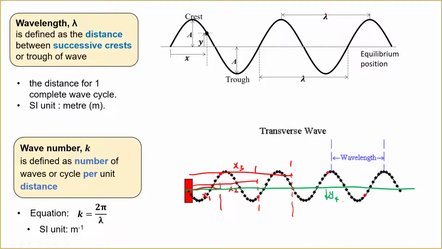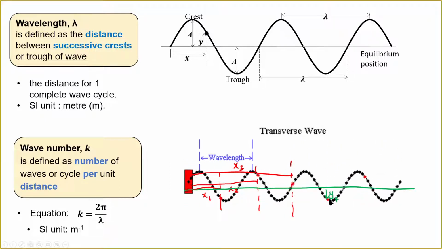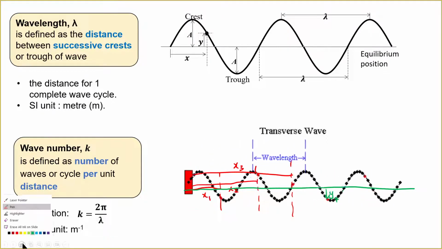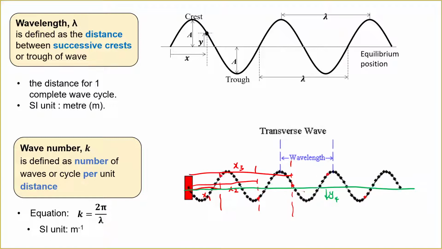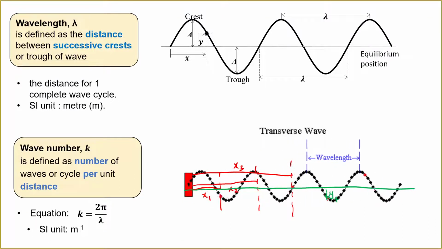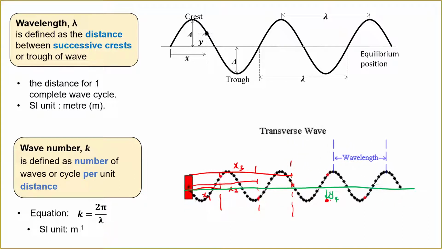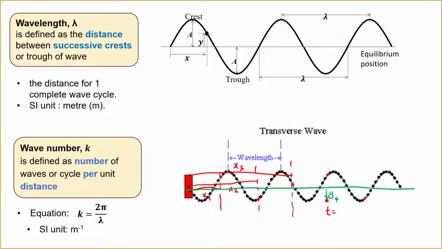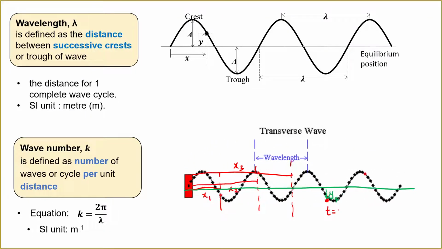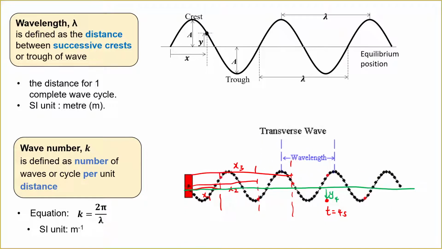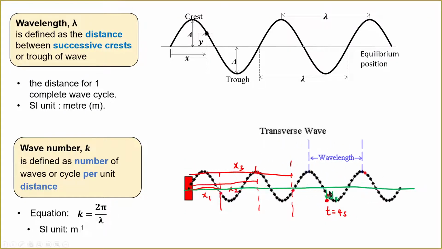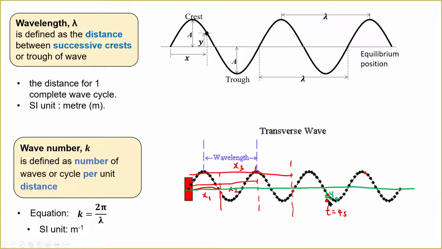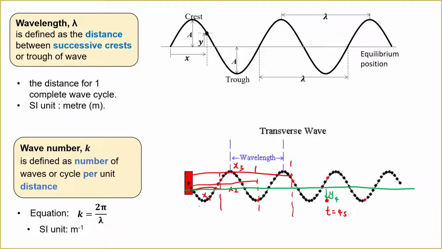I cannot stop this animation. Let's say the red particle at some point of time, maybe at time equal to 4 seconds, is over here. So can you calculate what this distance is? How far is this particle away from the first particle?